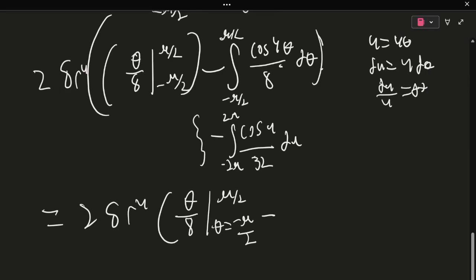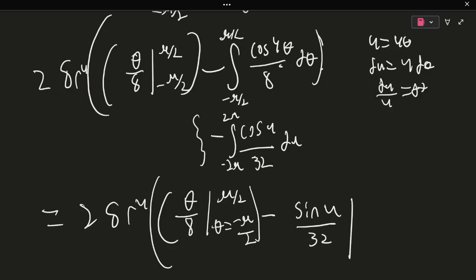Minus, and then we have cosine of u, the integral of cosine of u is sine of u over 32, evaluated from 2 pi to negative 2 pi.